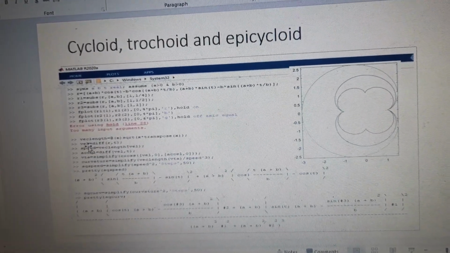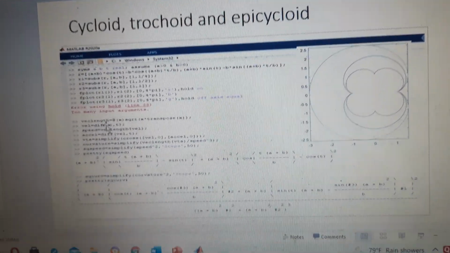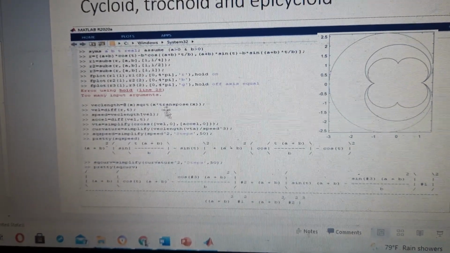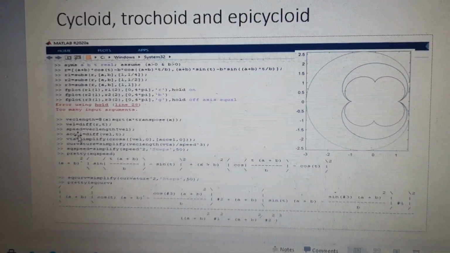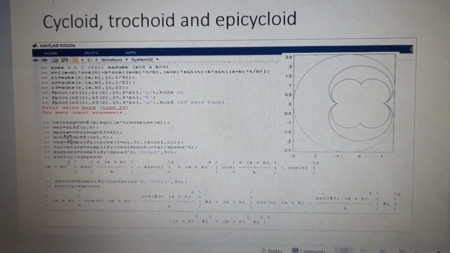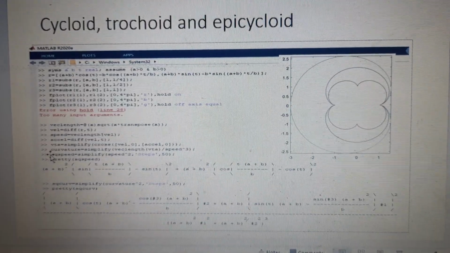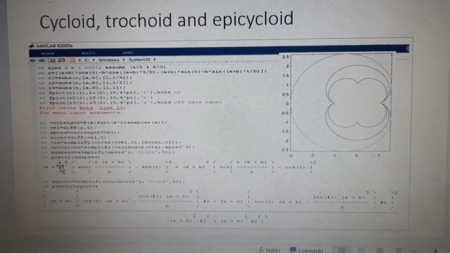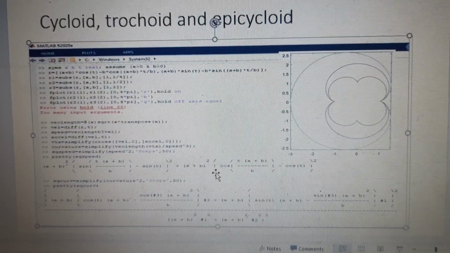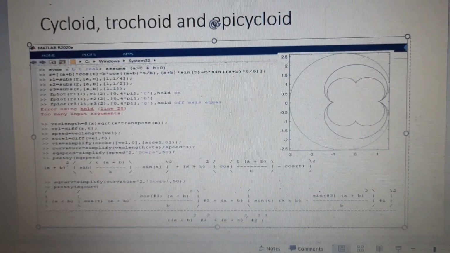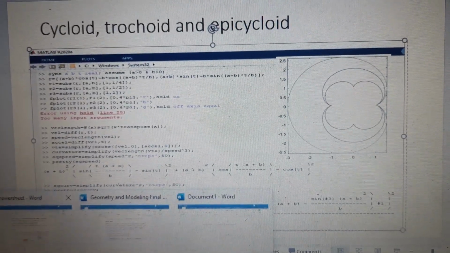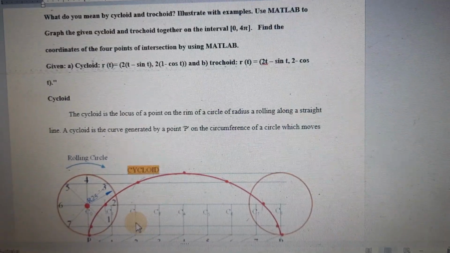After that, arc length, then velocity, speed, acceleration, and then curvature are computed, as we can see. So in this way, I have written it in Word also.